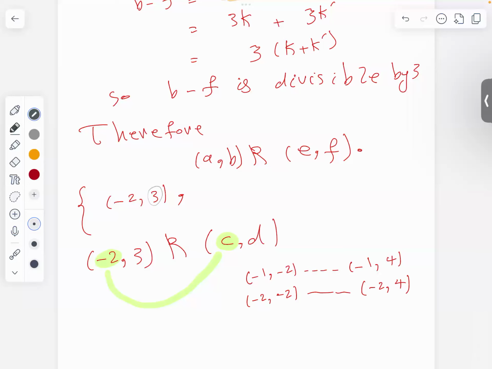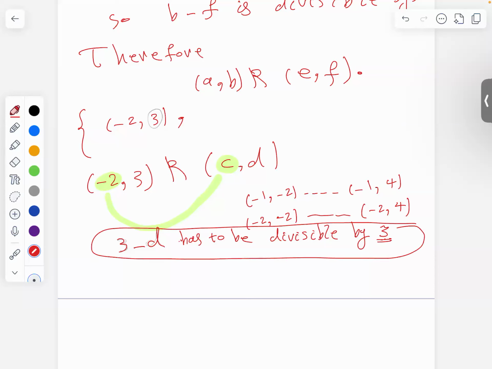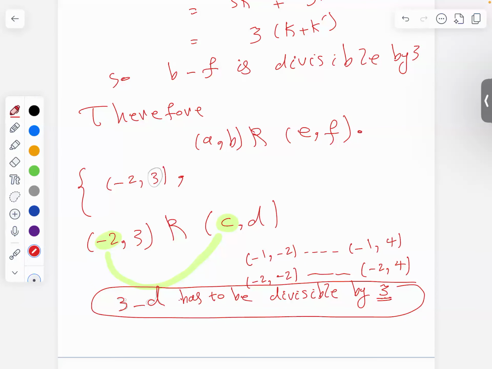Now we look at the second element. 3 minus d has to be divisible by 3. D can be any of these, from -2 until 4.